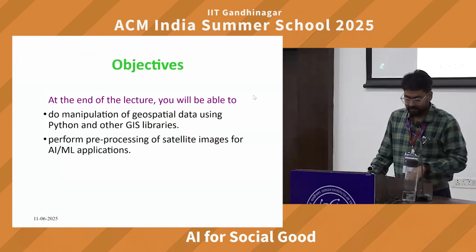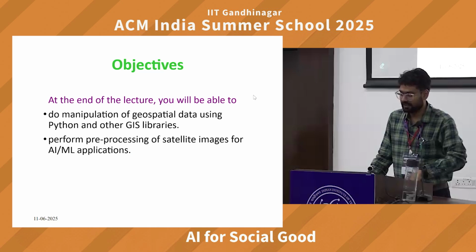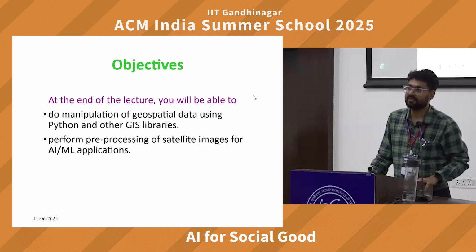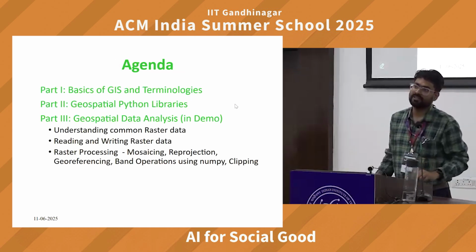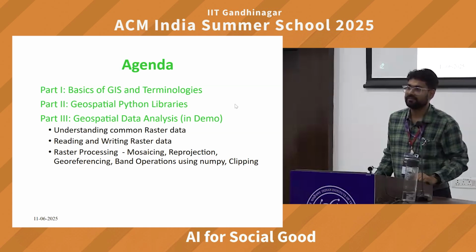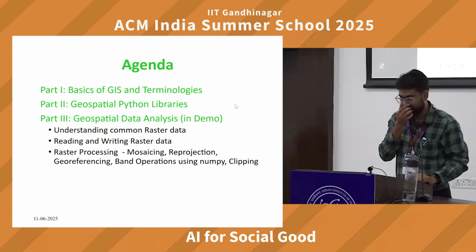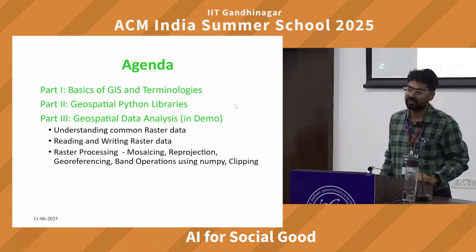The objective of the session is that at the end of the lecture, you will be able to manipulate geospatial data using Python and other GIS libraries, and perform pre-processing of satellite images based on the AI/ML application you want to target. The session is divided into three parts. In the first part, we will see the basics of GIS and related terminologies commonly used to characterize satellite data.